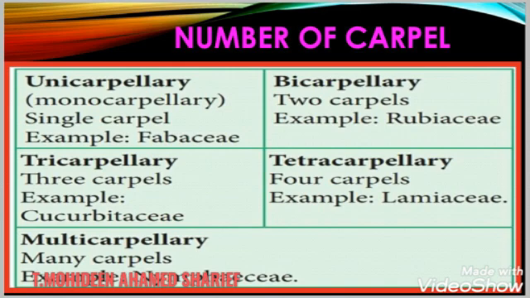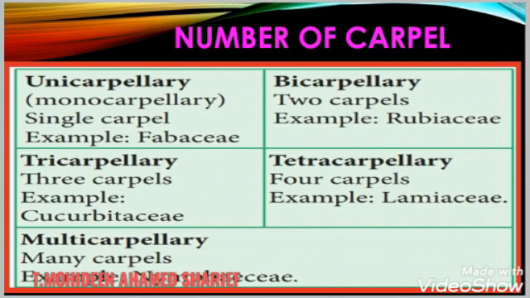Next, we will see about the fusion of the carpels. It is an important systematic character. Apocarpous gynoecium is generally thought to be the ancestral condition in angiosperms. In apocarpous, a pistil contains 2 or more distinct carpels, example Annona.